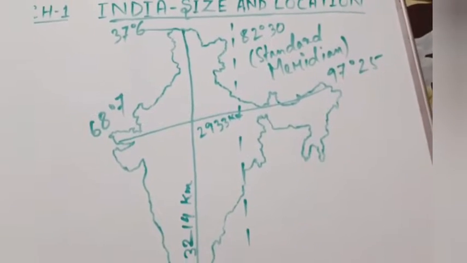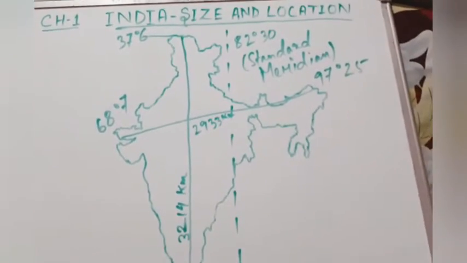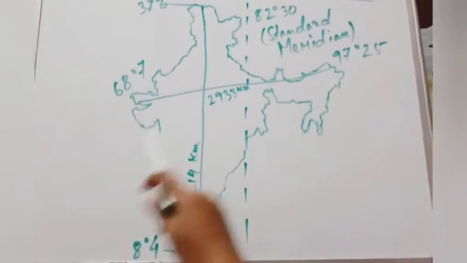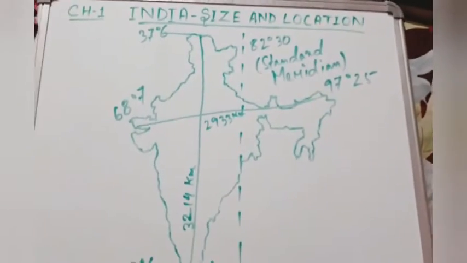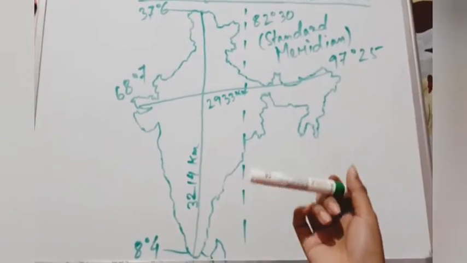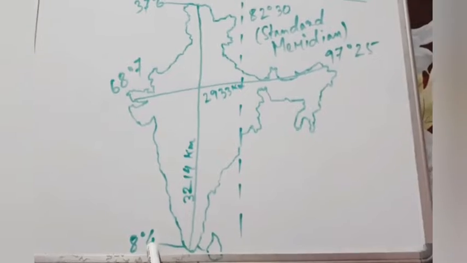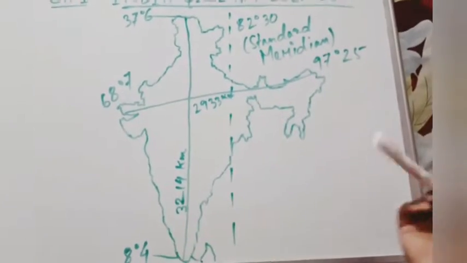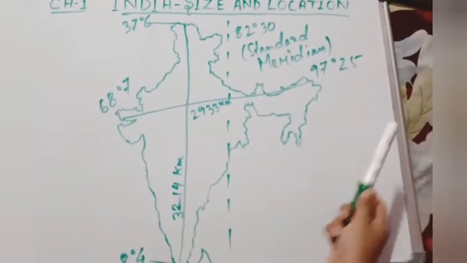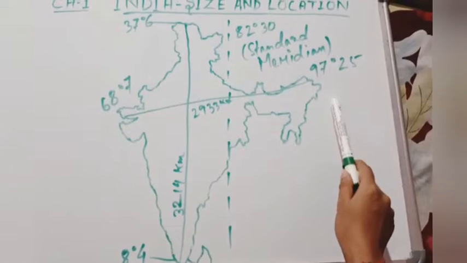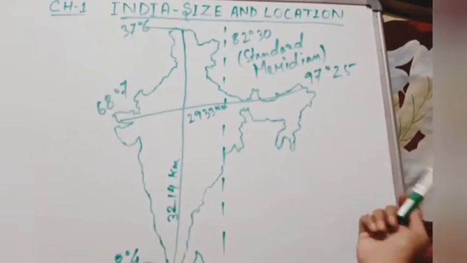So now we will see India's extension from north to south and from east to west. As I have already said, India is extending in the latitude from 8 degree 4 north to 37 degree 6 north, and in the longitude from 68 degree 7 to 97 degree 25 east.